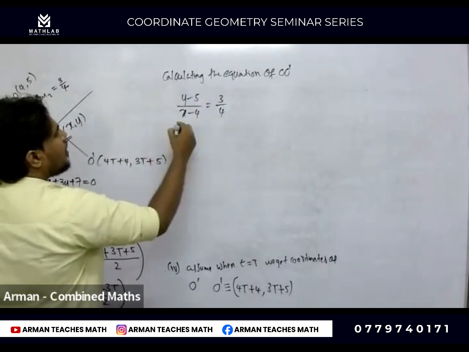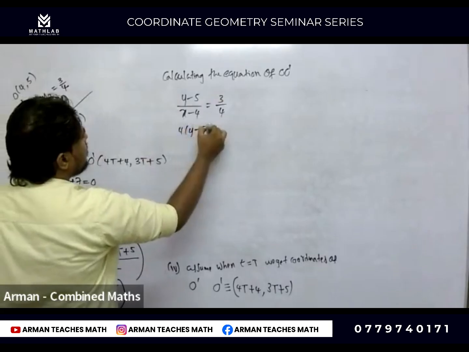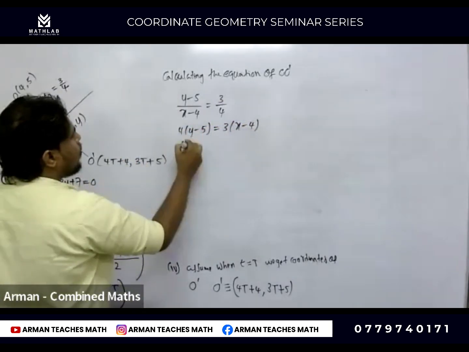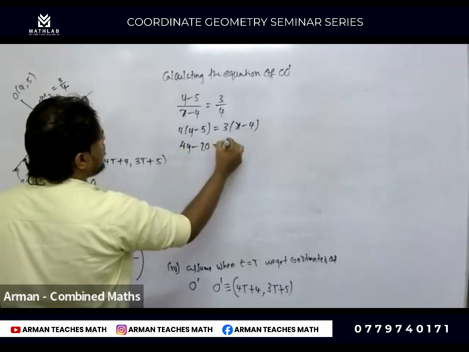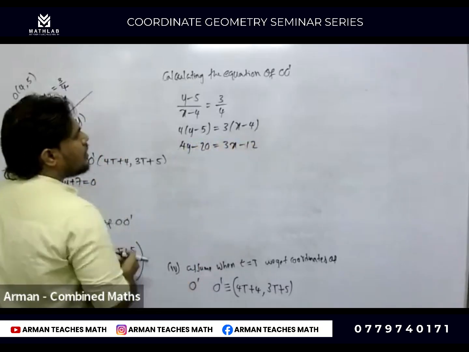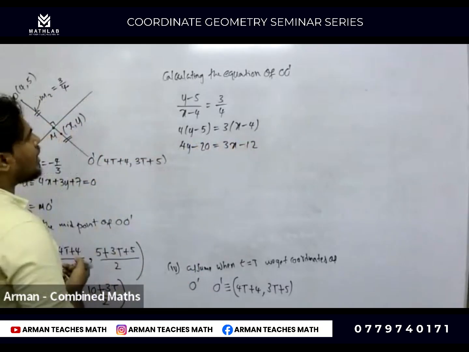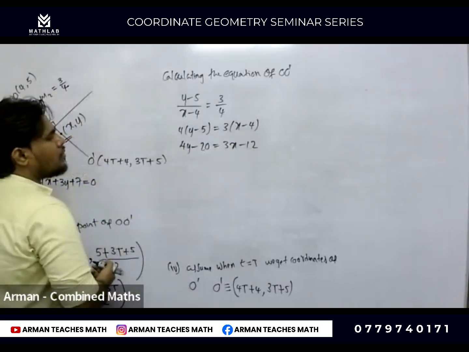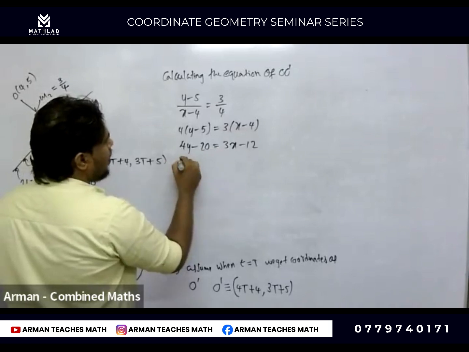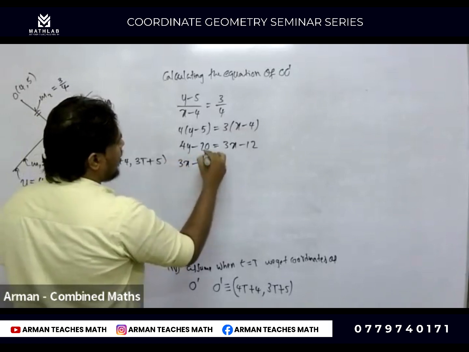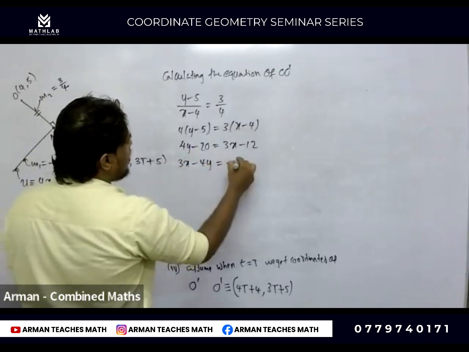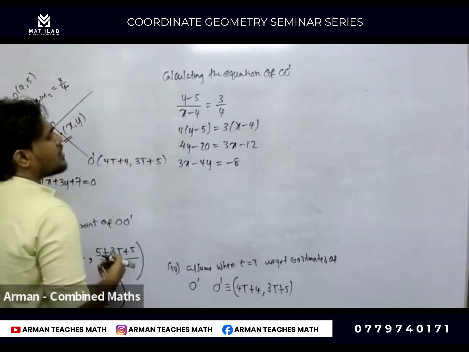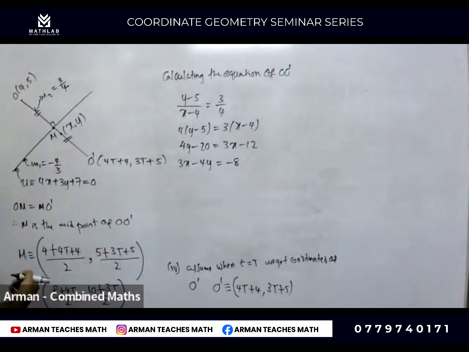Here, just do it normally. 4 times y minus 5 is equal to 3 times x minus 4. So this is 4y minus 20 is equal to 3x minus 12. Take all the terms to one side, or I'll just keep the constant on one side. 3x minus 4y is equal to minus 8.